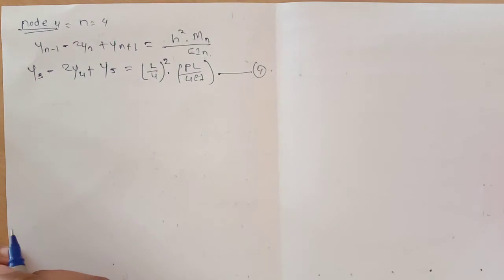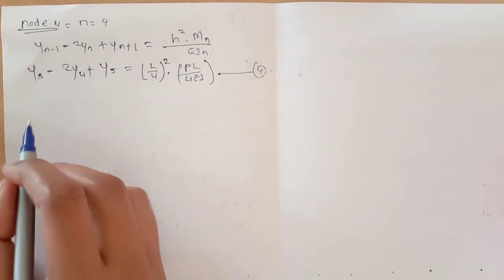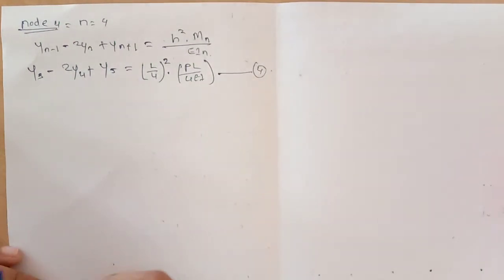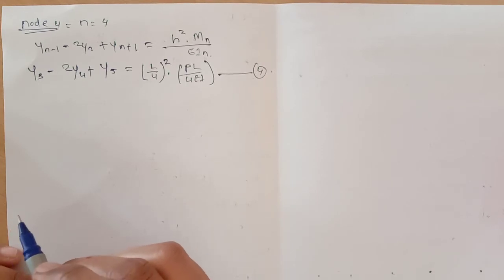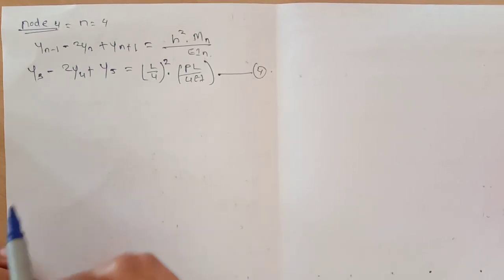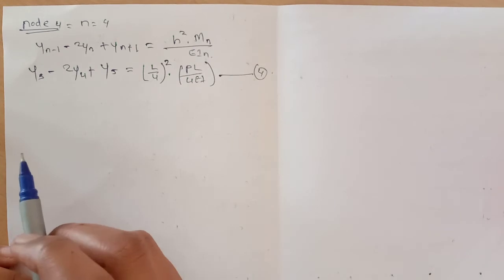Then next, by solving equations 1, 2, 3 and 4, we get the deflection under nodal points, that is y2, y3, y4 and y5 values.